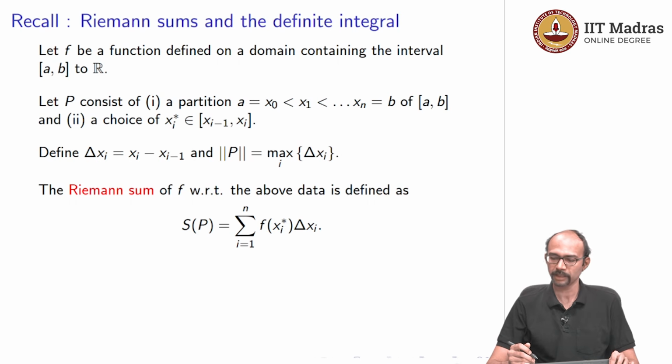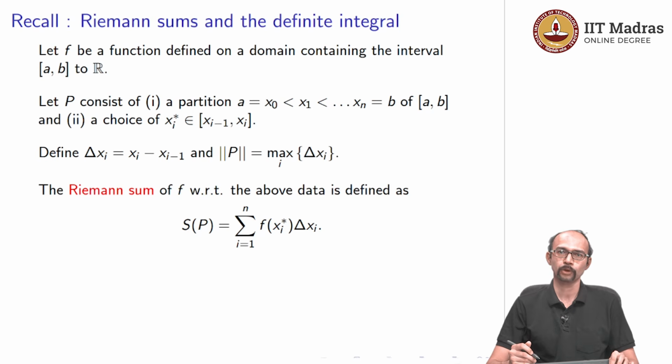Then we defined the Riemann sum of f with respect to this data: the sum from 1 through n of f of xi star times delta xi. The idea here was that we were looking at rectangles whose base length was delta xi, and the height of the rectangle was f of xi star.